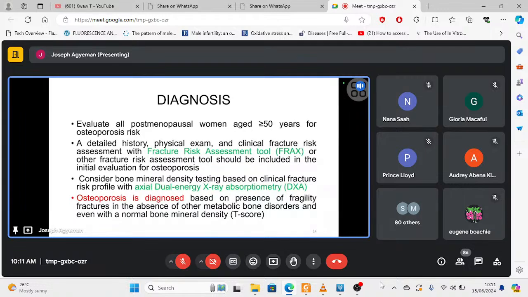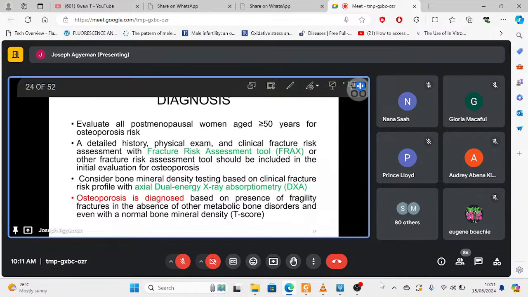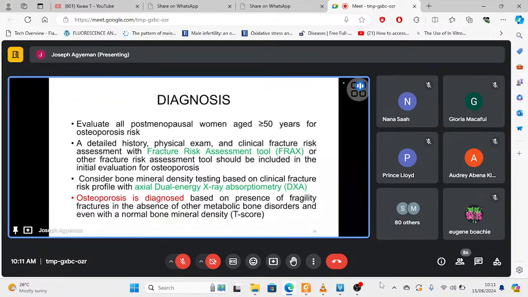They are recommending that you do a measurement on the axials, normally the vertebra in particular. So you can use the bones in the vertebra, and you use this method called dual energy X-ray absorptiometry that can measure the bone mineral density within, for example, the vertebra.